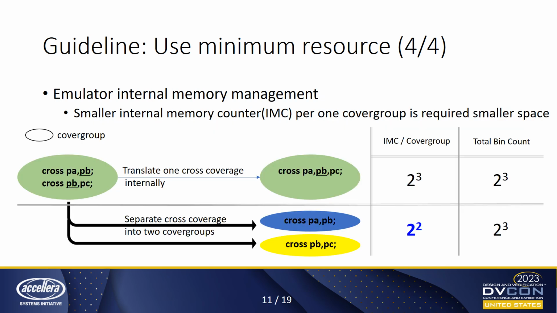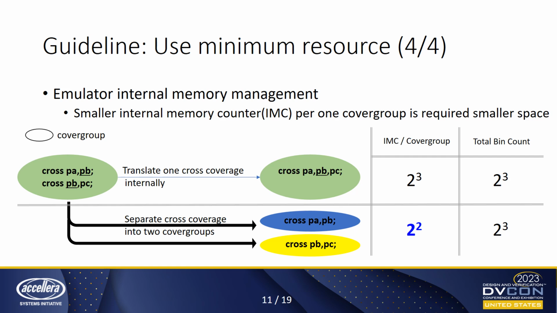The emulator checks not only the total bin count, but also the internal memory counter per one cover group. A smaller internal memory counter per cover group requires smaller space even though the total bin count is the same.